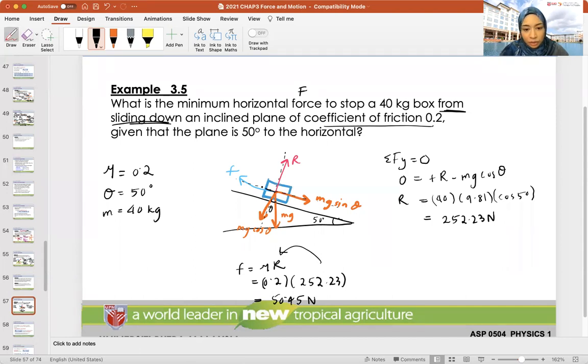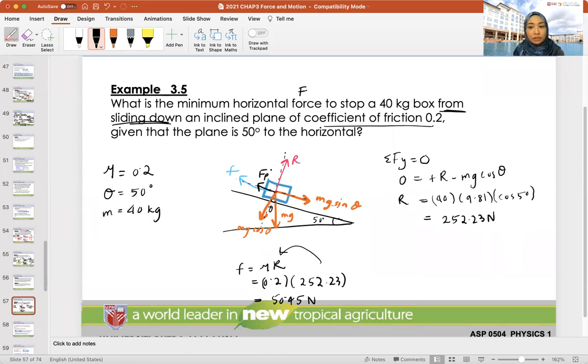Okay, sorry, this question caught me by surprise, but I thought it's the typical equilibrium. So this is going to be our F unknown. Let's call this FA ataupun FP lah. Okay, so let me reiterate this question. So what is the minimum horizontal force to stop a 40 kilogram box?